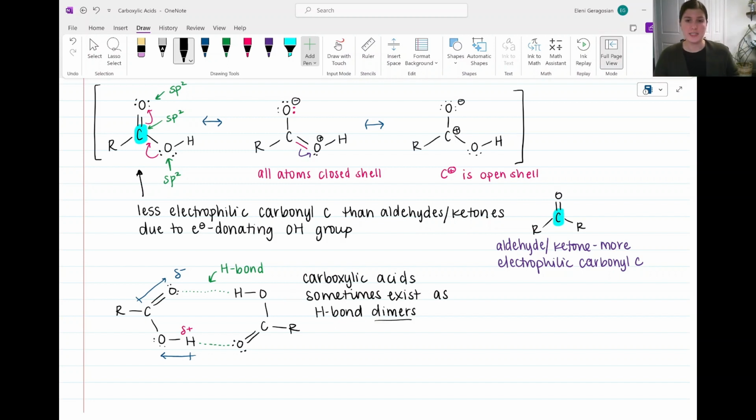The dimer indicates that there are two carboxylic acid molecules linked together through this hydrogen bond. It's not a formal sharing of electrons, not a formal bond, but it is a strong intermolecular force between these molecules.